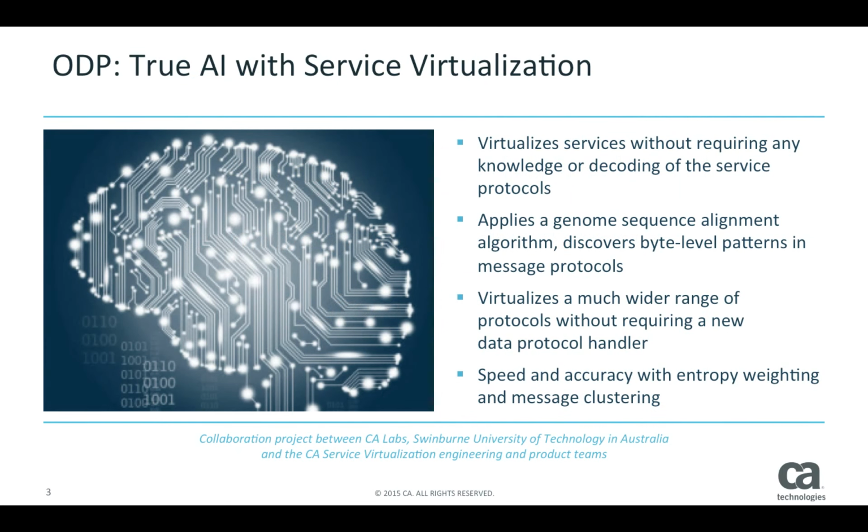In a nutshell, here's a high-level overview of opaque data processing. It allows you to virtualize or create a virtual service without requiring any knowledge or decoding of the protocol that we're reading. When you're creating a virtual service, you're recording transactions back and forth across the wire.